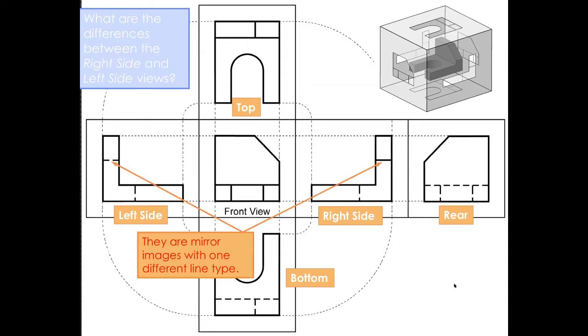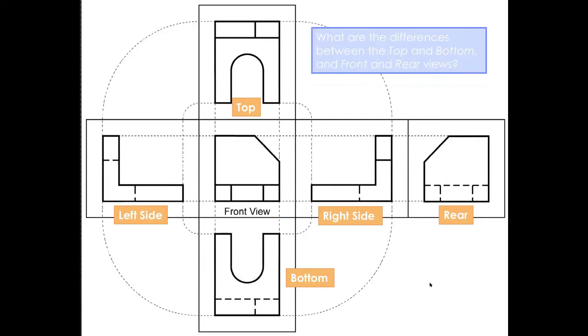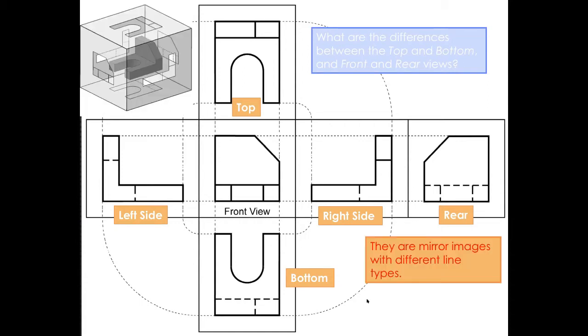Good. So mirror images and different line types. So we have visible lines and hidden lines, and we're introducing you to line types pretty soon. And top and bottom, same kind of thing, right? You've got hidden lines and visible lines, and they're mirror images too.